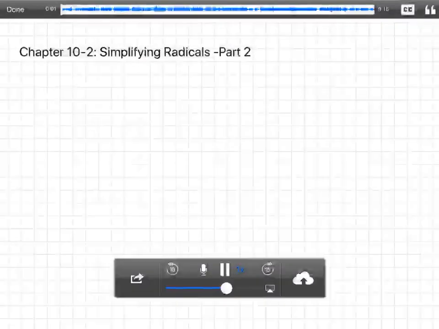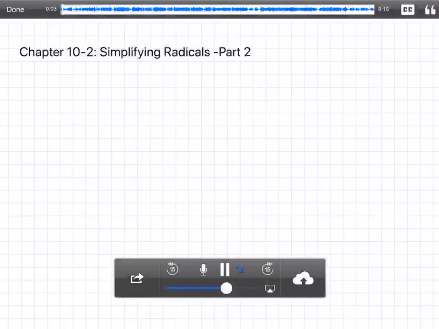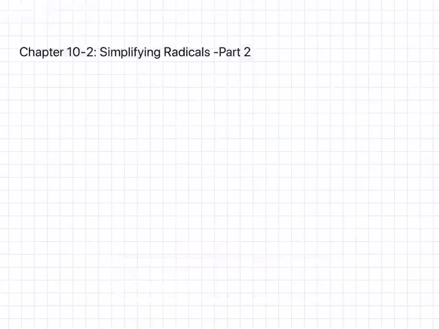Okay, there is another rule of simplifying radicals: the radicand can contain no fractions. The radicand is the number inside.